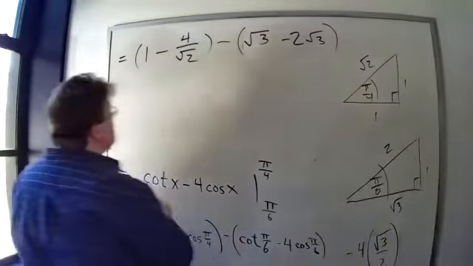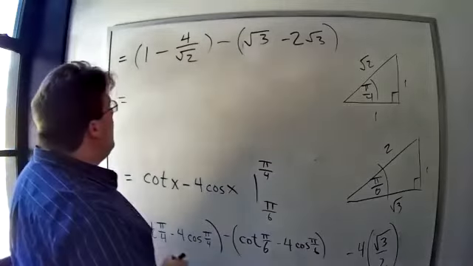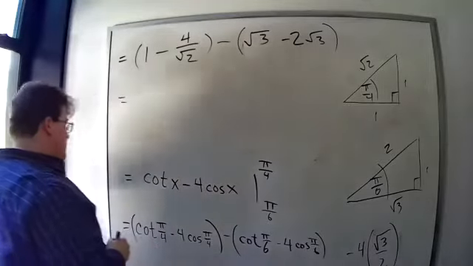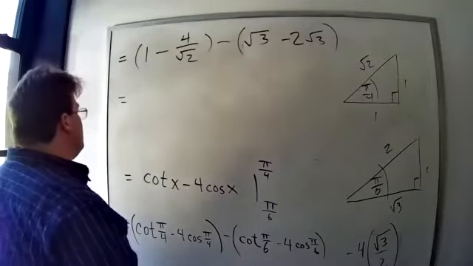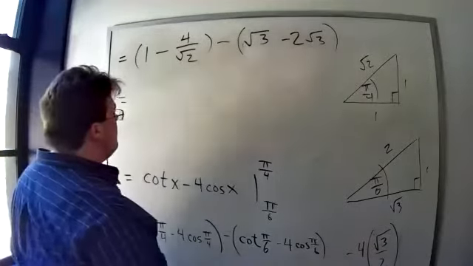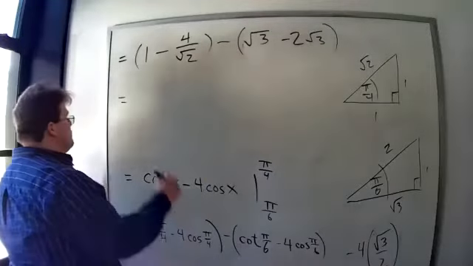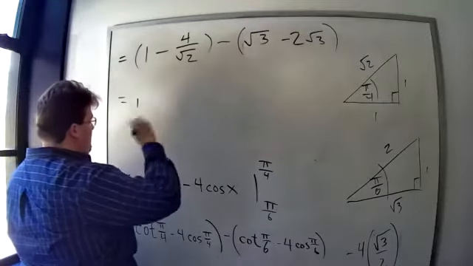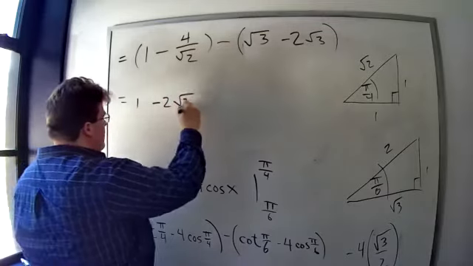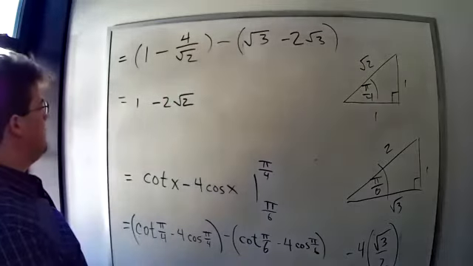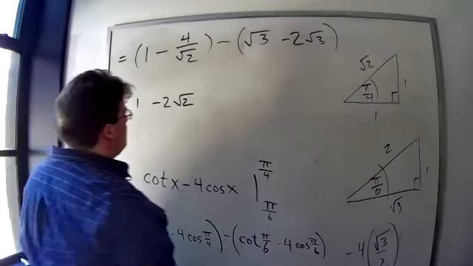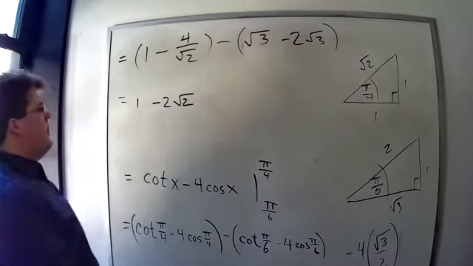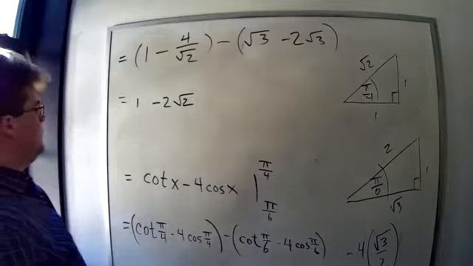Okay, so now we just have to combine numbers. What do we get? You can leave it as negative 4 over root 2. I'm not going to, because I think negative 2 root 2 looks better. But you can leave it as negative 4 over root 2 if you want.